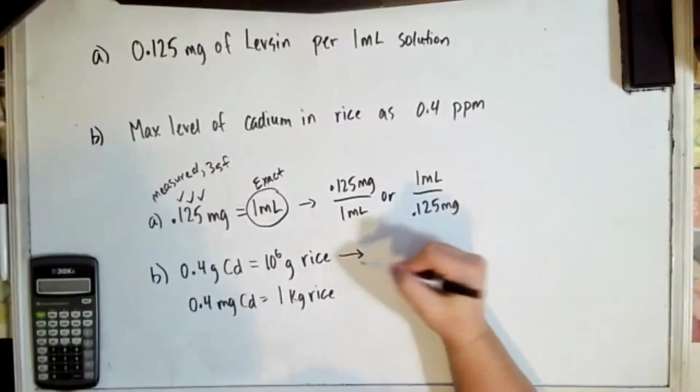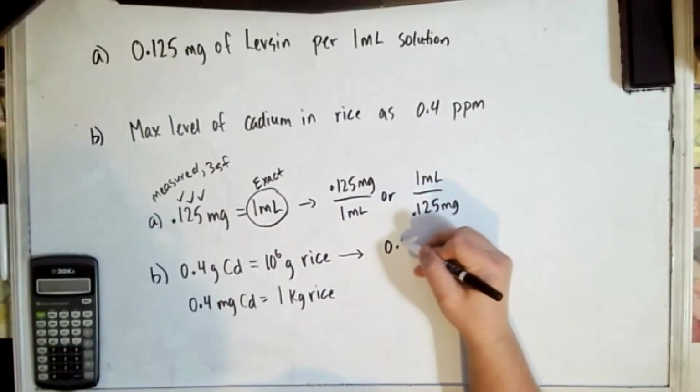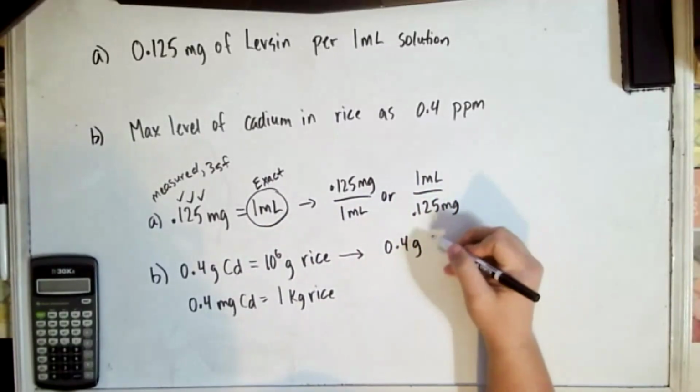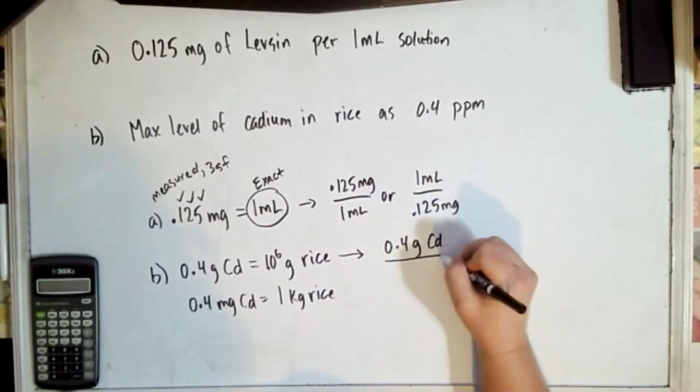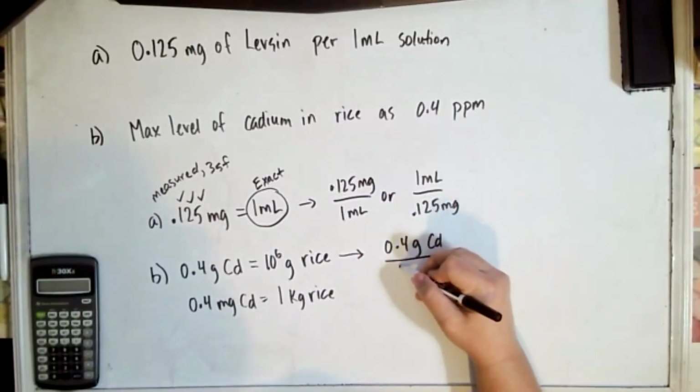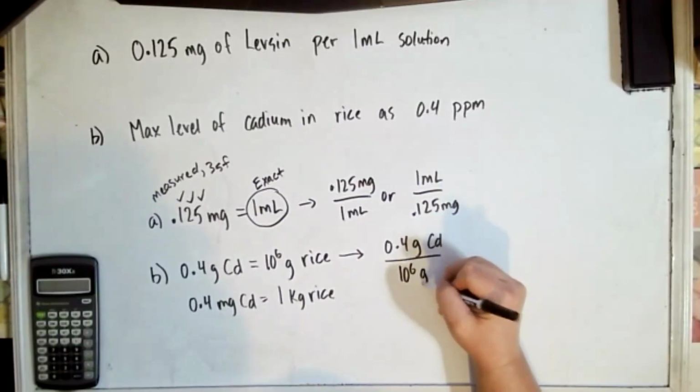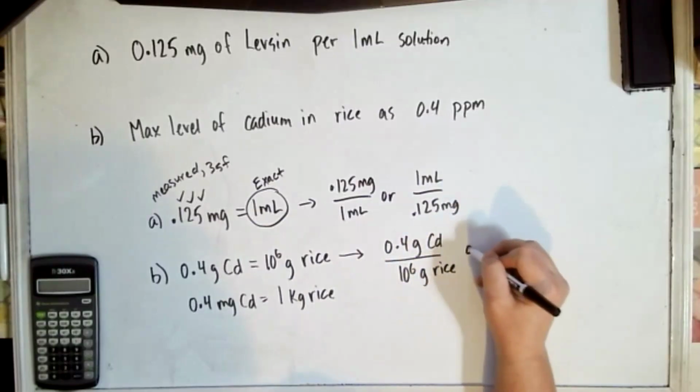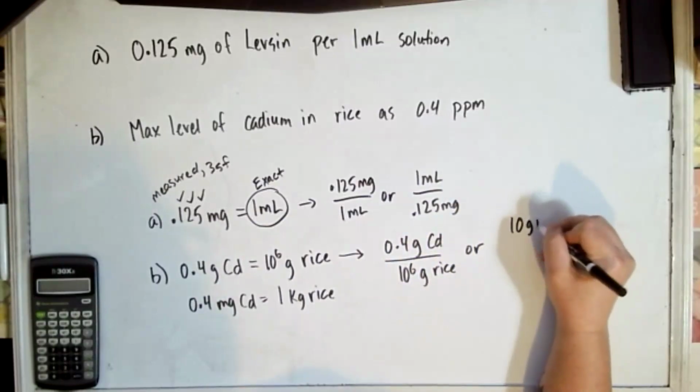For this one, when we write out our conversion factor, this is version 1. And this is version 2.